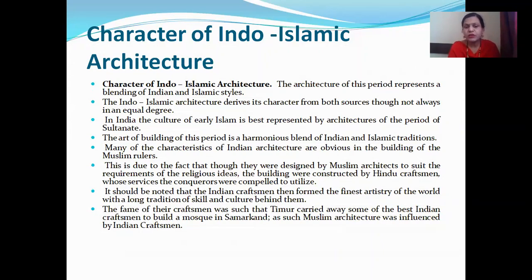Their fame was such that Timur carried away some of the best Indian craftsmen to build a mosque in Samarkand. As such, Muslim architecture was influenced by Indian craftsmen. That's why we call the art and architecture of the Delhi Sultans and Mughals Indo-Islamic architecture, because it was patronized by rulers while the artisans were Indians, basically Hindus.